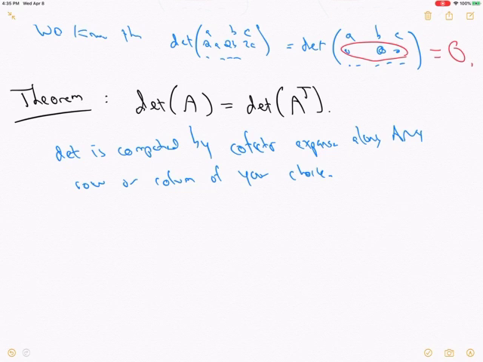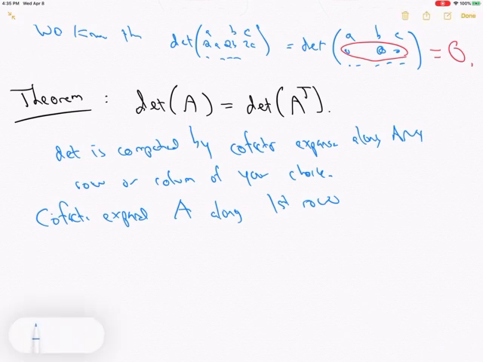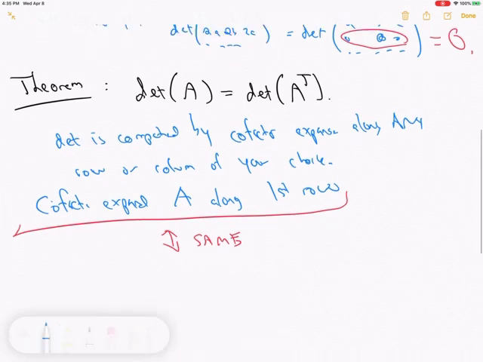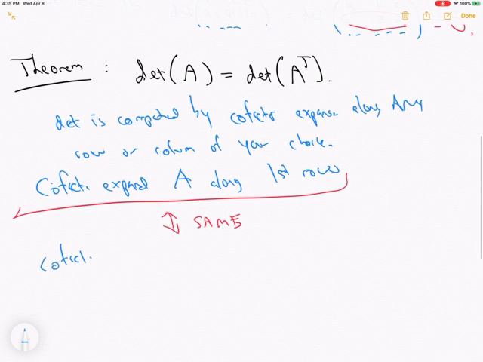And you can convince yourself that if you cofactor expand, say, A along its first row, this is the same as if you were to cofactor expand A transpose along its first column.